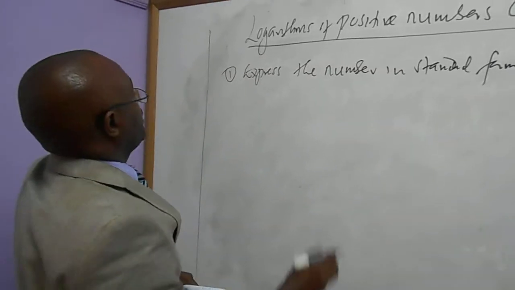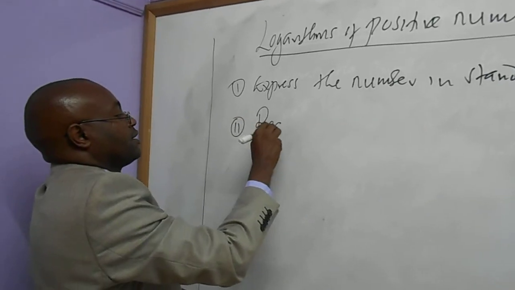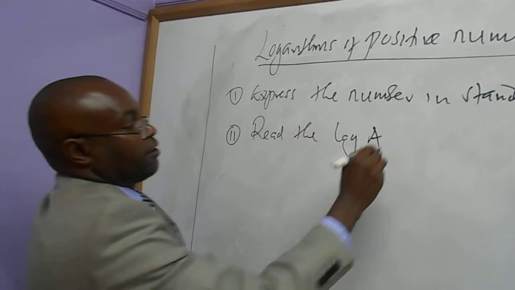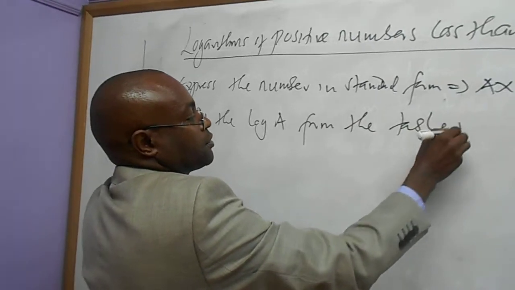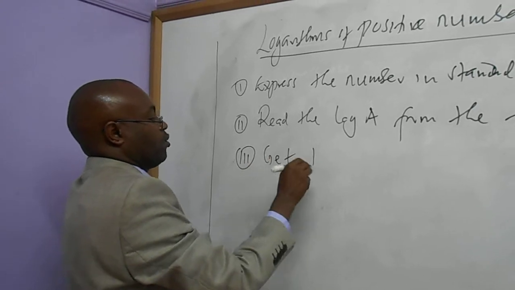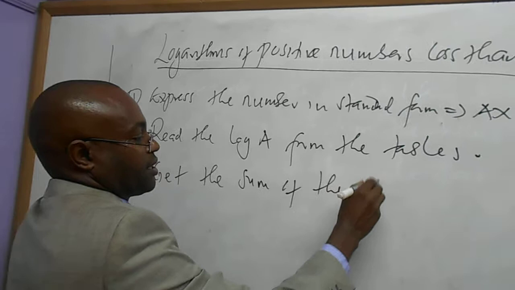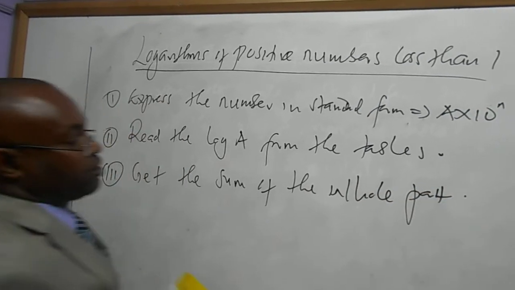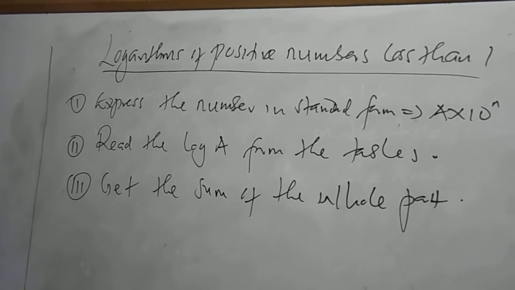The second procedure is to read the log of a from the tables. The third is to get the sum of the whole part, and then you will have been able to get the log of your numbers less than 1.